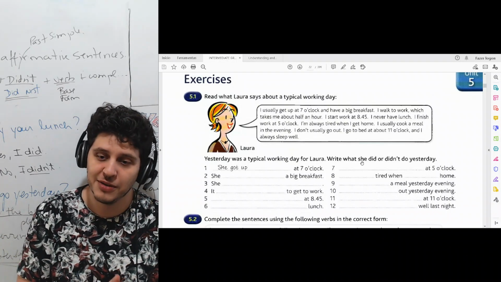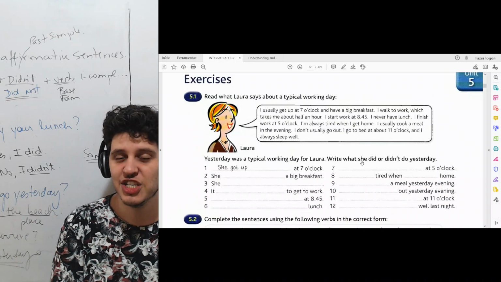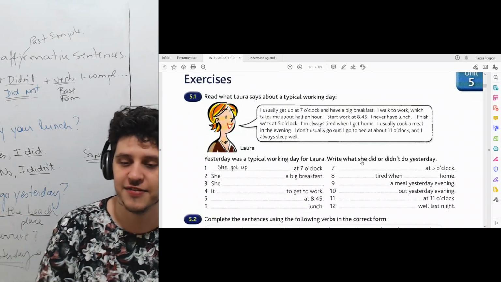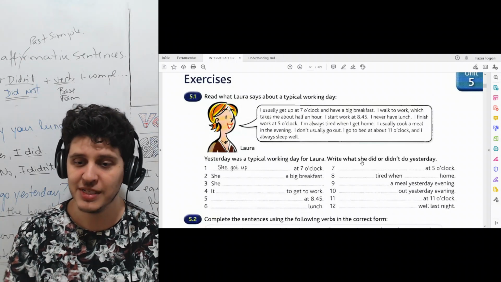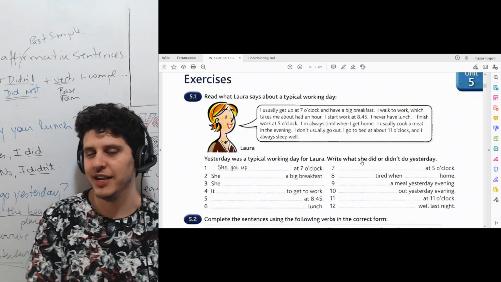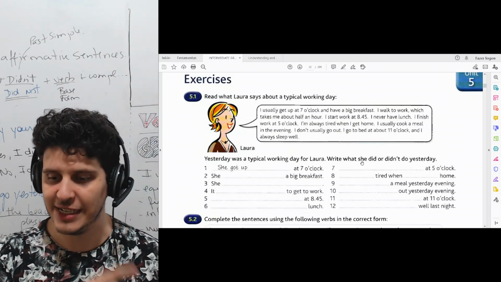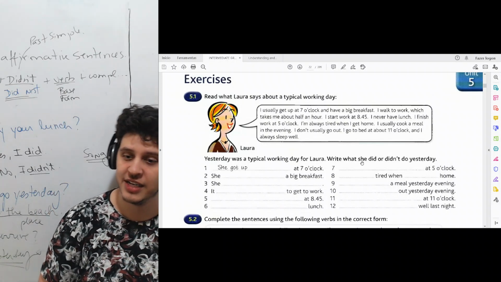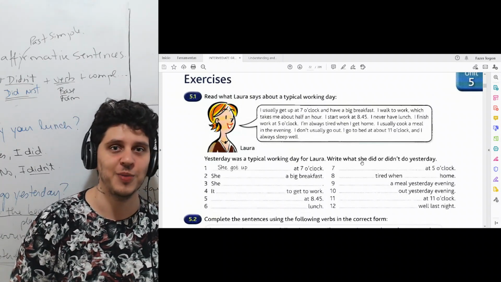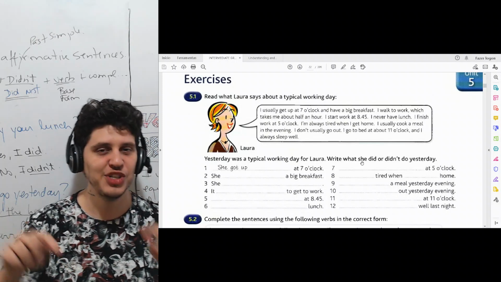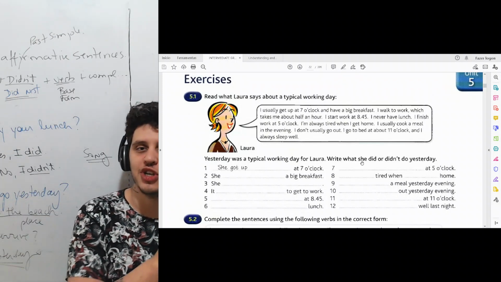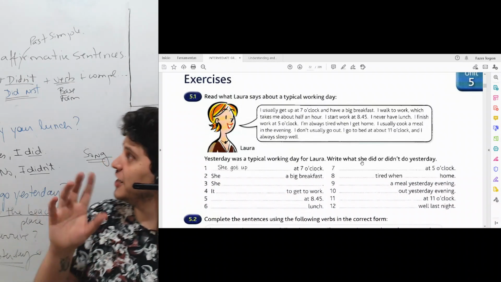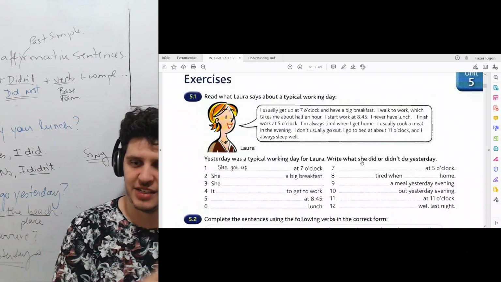Yesterday was a typical day, so she finished work at 5 o'clock. Number 8, I'm always tired. She says she's always tired when she gets home. So yesterday she was tired when she got home. She is tired when she gets, present simple, routine. She was tired when she got, past simple. A finished action in the past. It was yesterday, it's over.